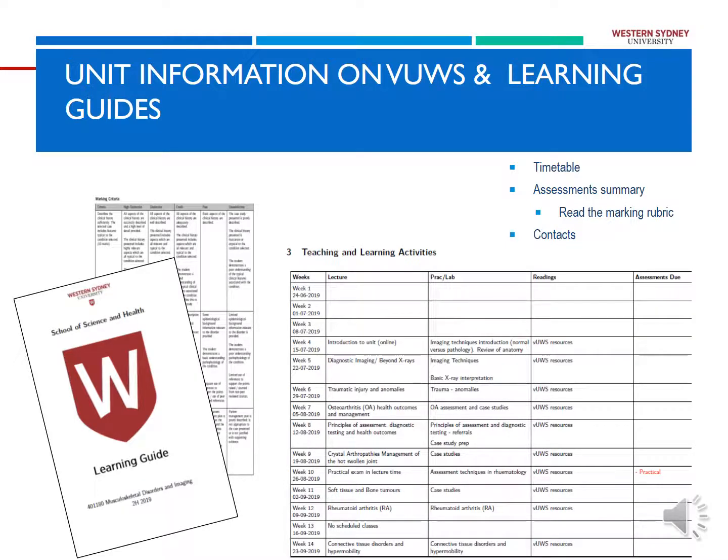So this is your learning area to learn about these diseases and how to diagnose and manage these in preparation for your clinical practice. So the recommendation is that you do turn up for these, all of these sessions.